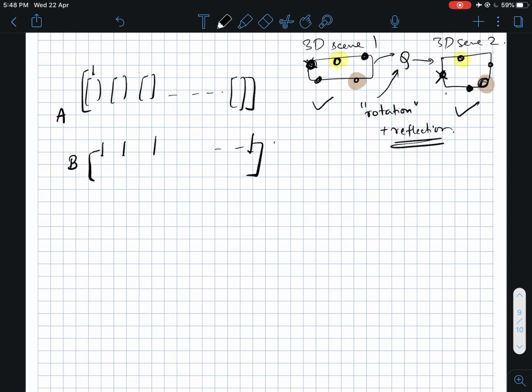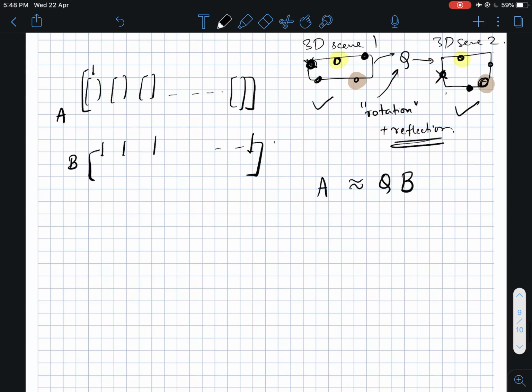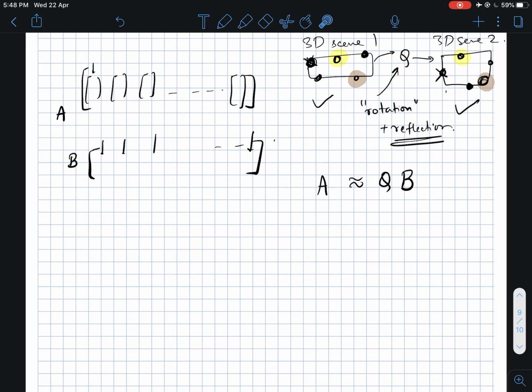What I'm trying to say is every vector in scene A is an orthogonal transformation of the vector in scene B, meaning that ideally A must be Q times B. So when you do Q times B, effectively you are applying Q to every column of B.